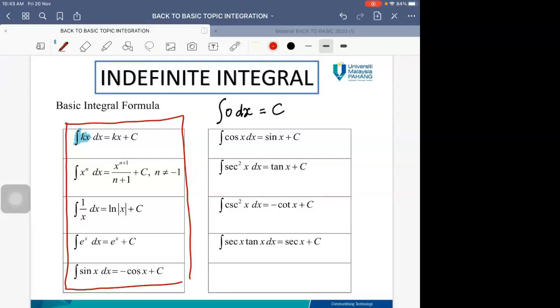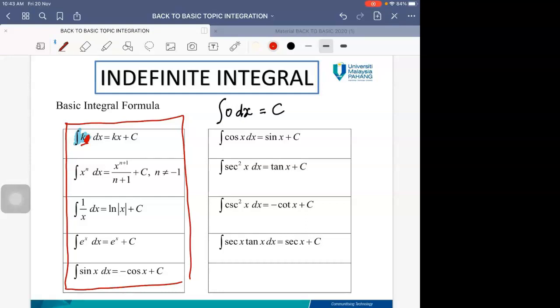If you have a constant multiplied with x, where x is your variable, sorry, this should be integrate k dx. There is a mistake in this table.